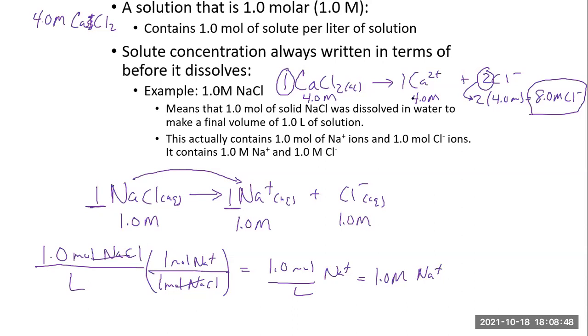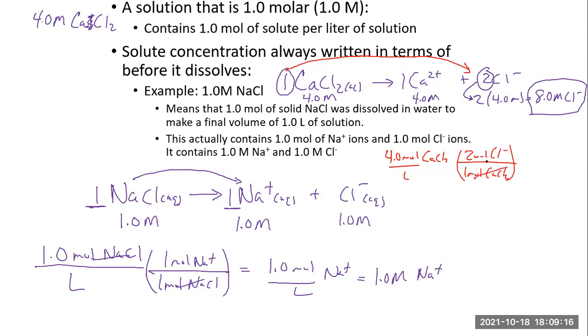And again, the long calculation for that, which you definitely don't need to really do, is we are starting with 4 moles per liter of calcium chloride. From the way it breaks apart, it's a 1 to 2 relationship between those. 1 mole of the whole thing gives us 2 moles of the chloride ion.